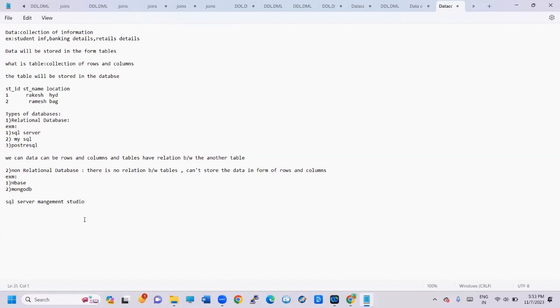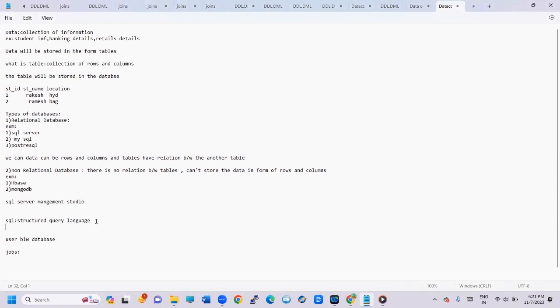What is SQL? SQL stands for Structured Query Language. Structured means it interacts with rows and columns. It is used to store the data and manipulate the data.